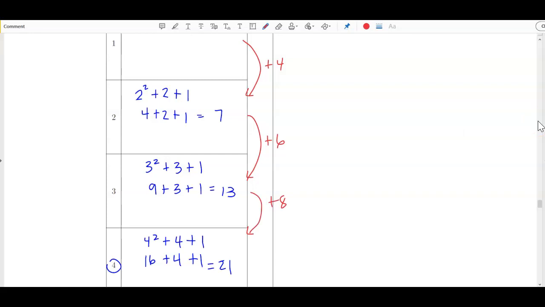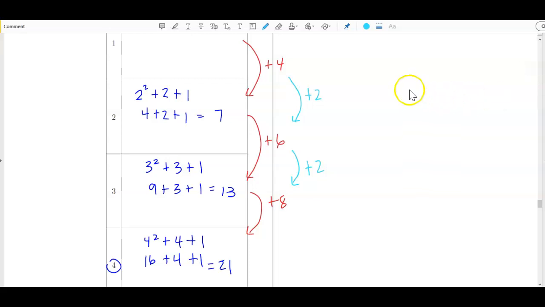So it's not linear, it's not exponential because it doesn't follow those, but I do see that there's some kind of a pattern happening there. And if I go further, I can see that my second difference is going to be the common one here. That's what I want to help you see.